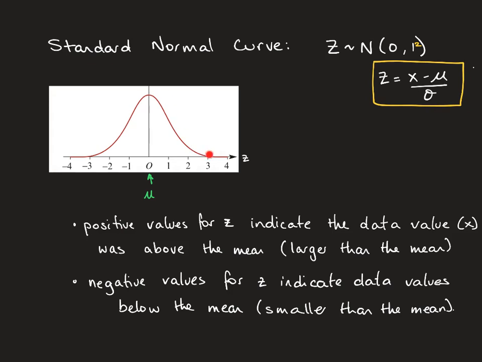So this is what it looks like here. These are our Z scores along here. And the same rules apply, 68% within the first standard deviation, etc. And as I mentioned, positive values for Z indicate that the data value was above the mean, so up here, and the negative values indicate that the data values were below the mean.